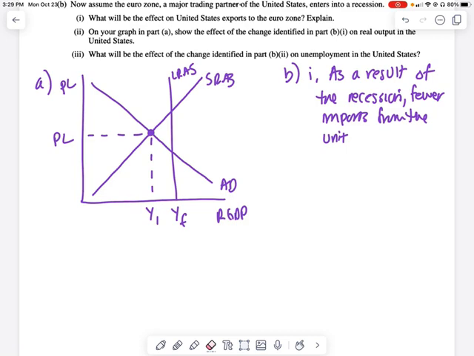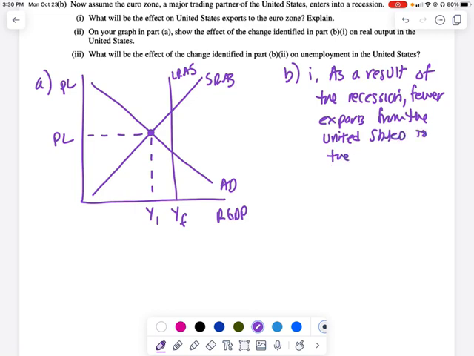They're imports to those countries. So let me change the way I'm wording it. I'm going to say exports because they're asking about exports in the question. Exports from the United States to the Eurozone will decrease due to less demand.